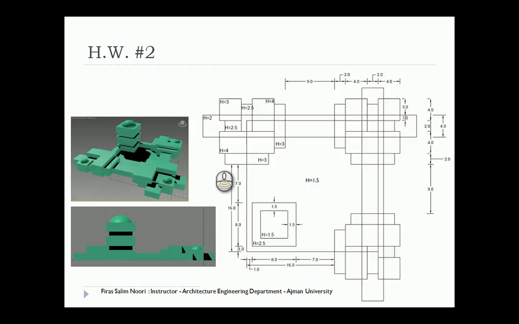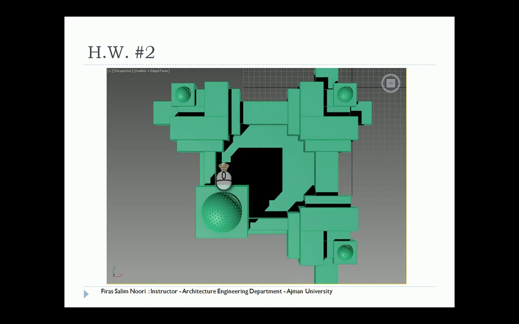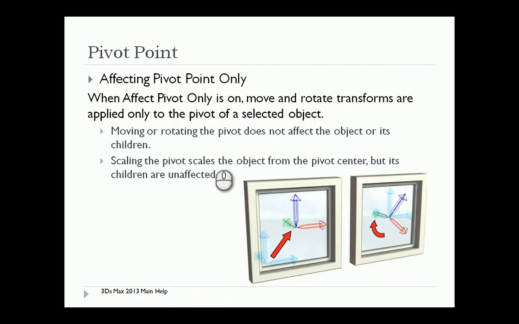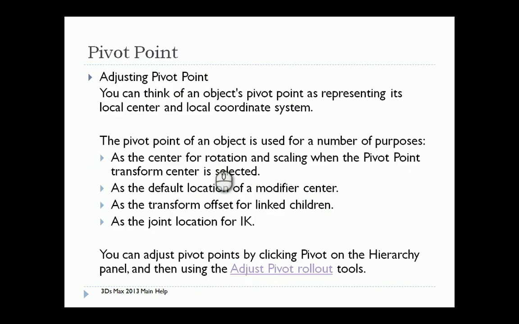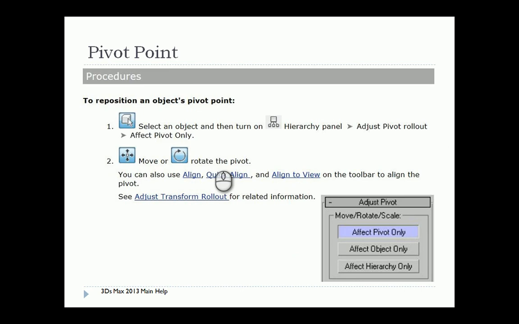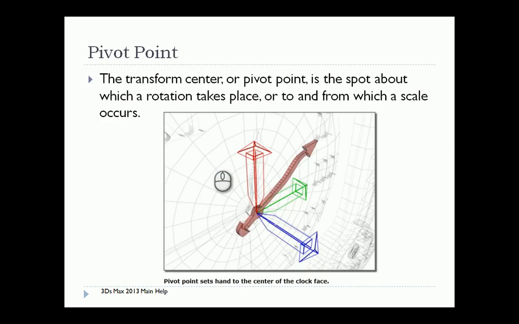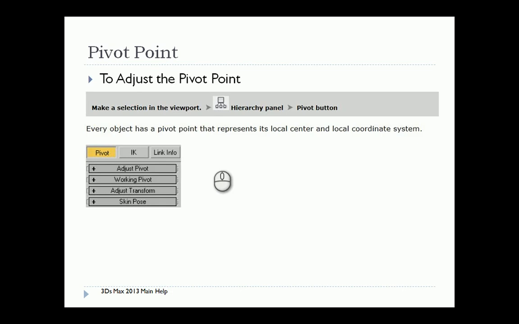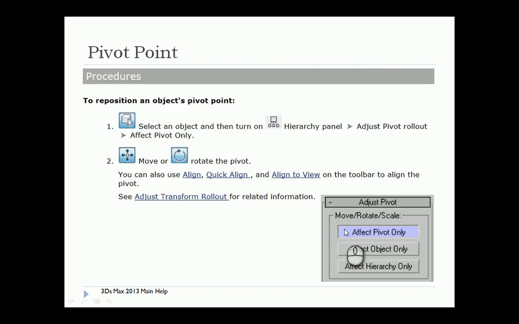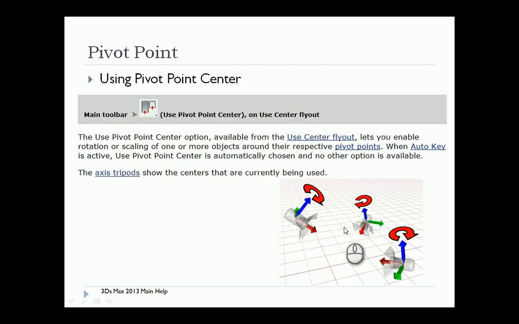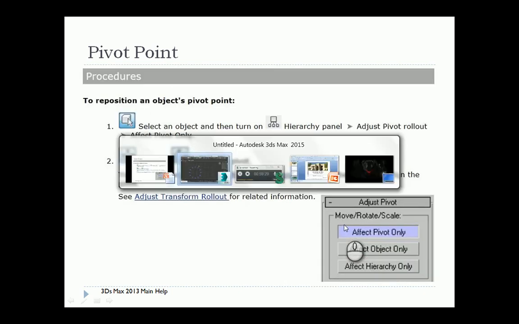It's a very powerful way that helps you to control and change the location of the objects and rotate them around another one. Don't forget to turn off affect pivot only. It's really a miserable thing if you forget. If you fail to return to that case, just don't forget to go and reset the pivot point to return it to its previous location.